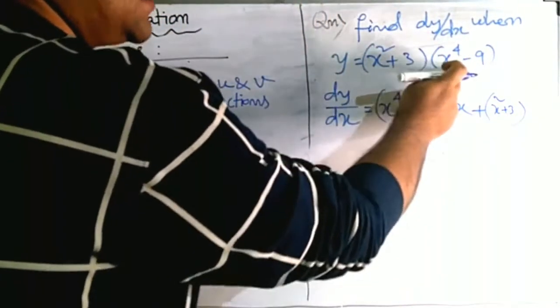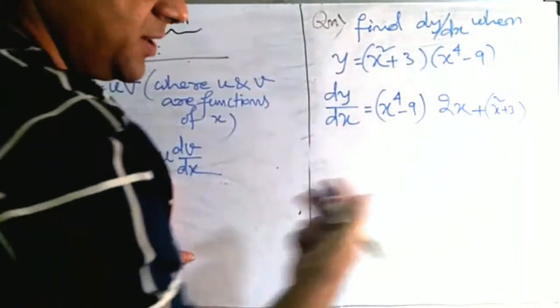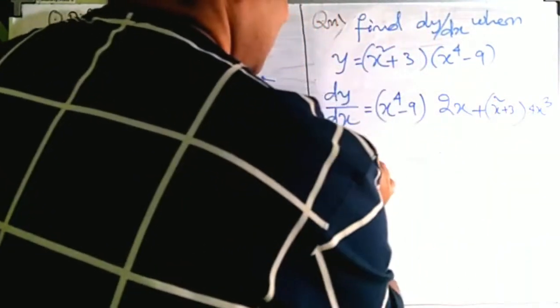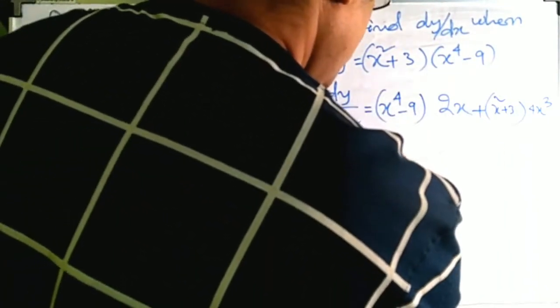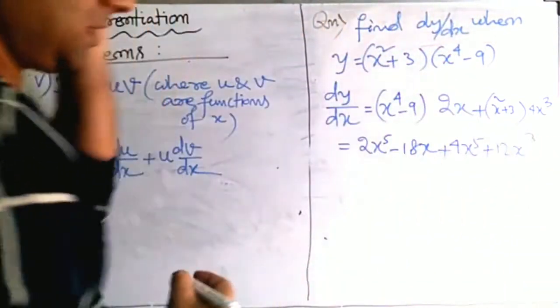This is 4x cube, right? Minus 0, again 9 is a constant. So 4x cube. Make it simple. Multiply it: 2x fifth minus 18x plus 4x fifth plus 12x cube.